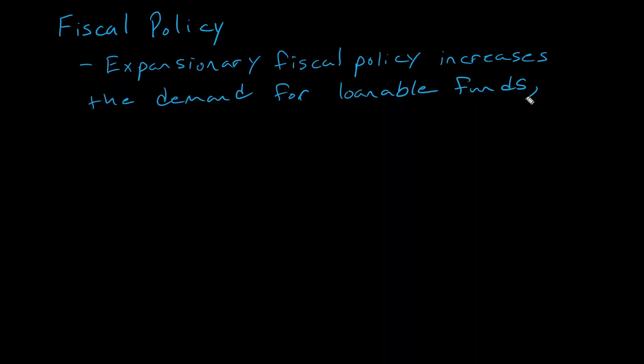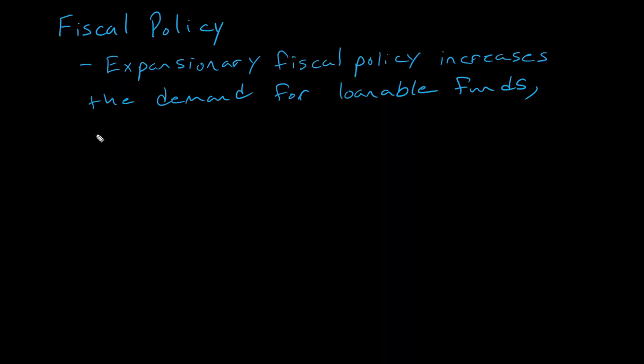So when we have expansionary fiscal policy, this increases the demand for loanable funds, because people are competing for those funds. The government enters, especially if they're doing an increase in government spending, and that's the way that they are using expansionary fiscal policy, right? They are going to be the borrowers competing with other borrowers, right?